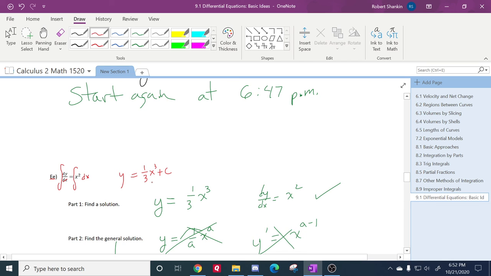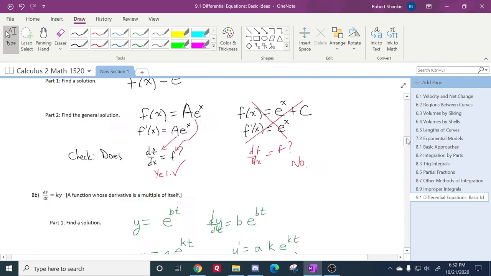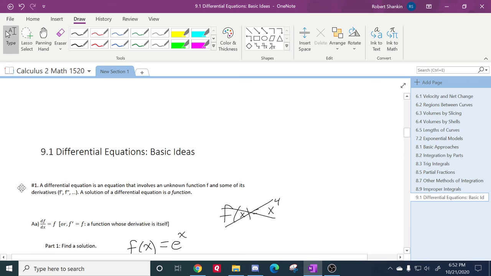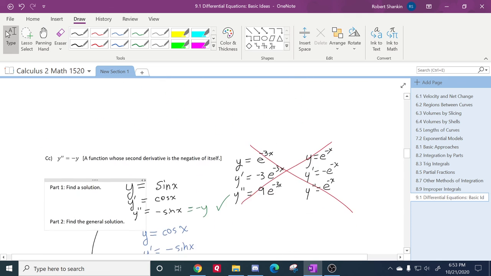Now, technically speaking, this is not a differential equation. It's not hard enough. A differential equation is an equation that involves an unknown function and some of its derivatives. So if it was y or f, it would have to have y or y prime in there.